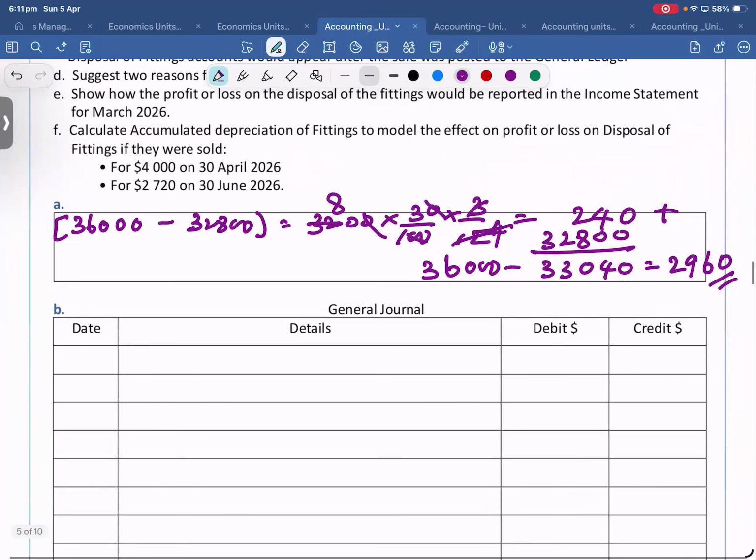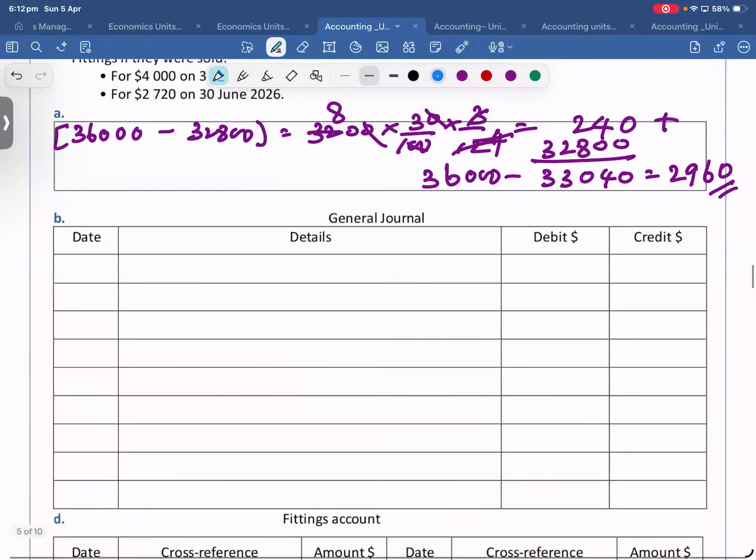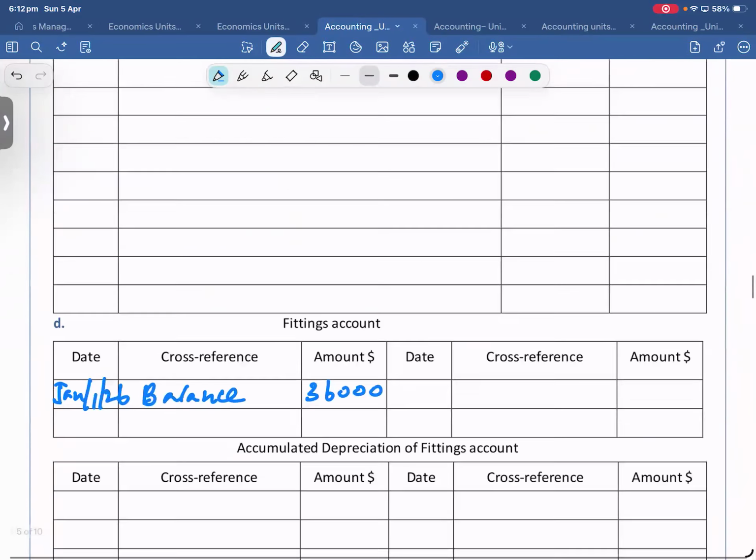Right. Then if you're doing the ledger accounts, guys, this 240, what do you do? Fittings, you have January 1st, 26, balance. How much? 36. Why is it in January? Because the opening balance is as at January, regardless. Opening balance is going to be the 1st of Jan.